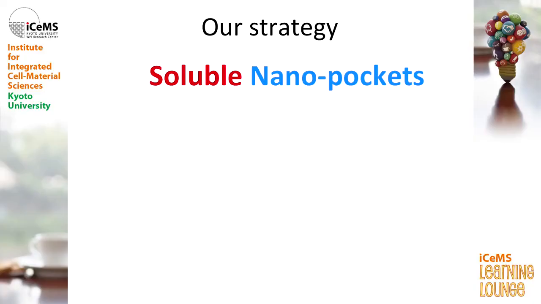Concretely, what we aim to develop is soluble nano-pockets. Nano-pockets, as I explained before, are important because they are very efficient for capturing carbon dioxide. So we want to keep this nano-pocket size, and on the other hand, we want these materials to be soluble.